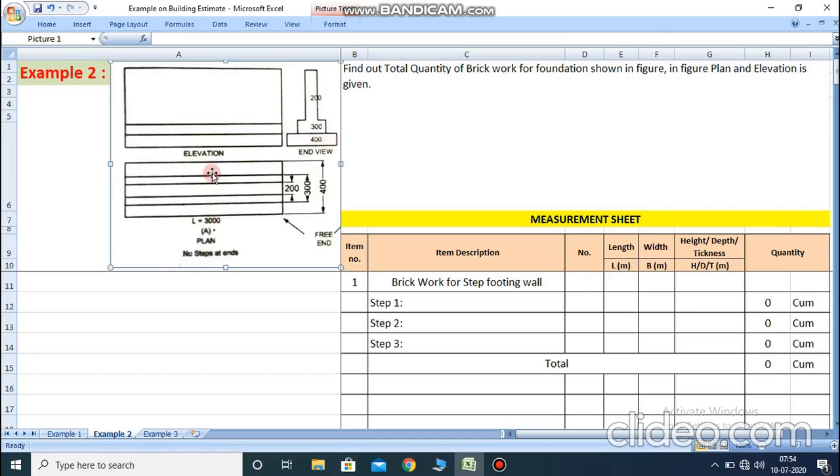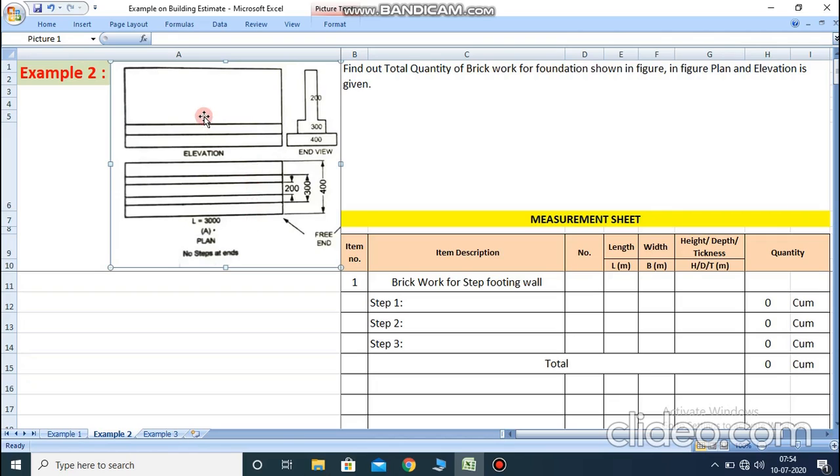From the plan part you can exactly see the total length of the wall is 3000 mm. Means 3 meter is the total length of the wall, 200 mm is the width of the wall, 300 mm is the step of the step footing of the wall, and then 400 mm is another step.